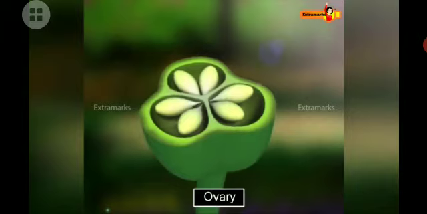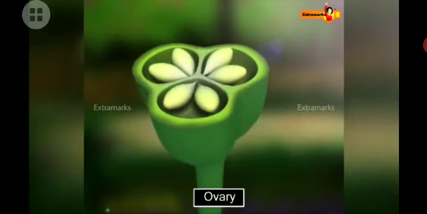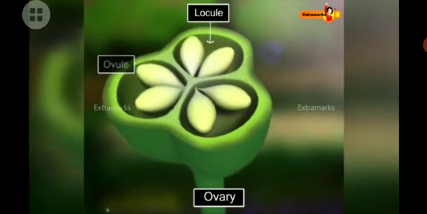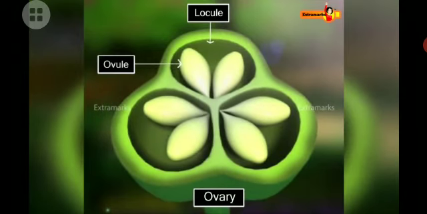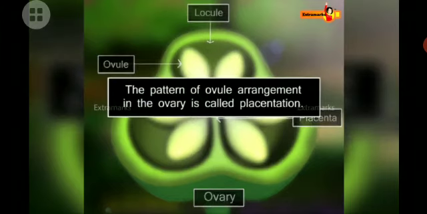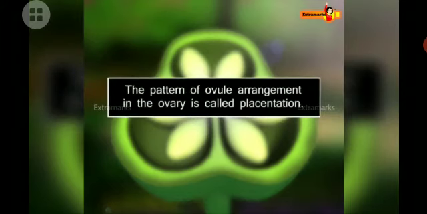The ovary has one or more chambers known as locules. The ovules are attached to the walls of the ovary with the help of a structure called the placenta. The pattern of ovule arrangement in the ovary is called placentation.